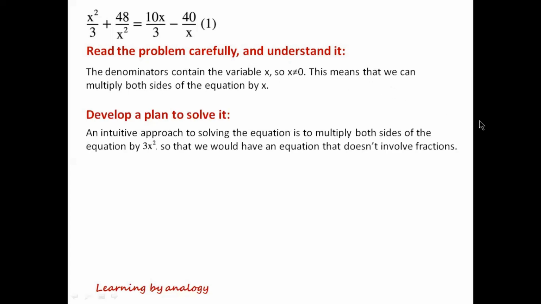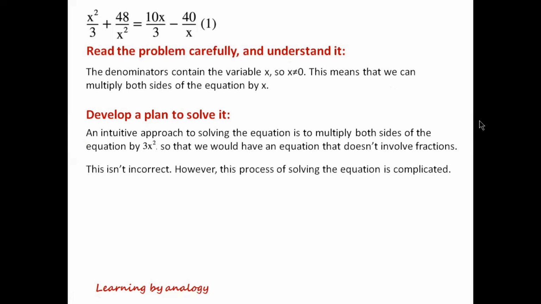An intuitive approach to solving the equation is to multiply both sides of the equation by 3x squared, so that we would have an equation that doesn't involve fractions. This isn't incorrect. However, this process of solving the equation is complicated. Is there a simpler approach to solving the equation?